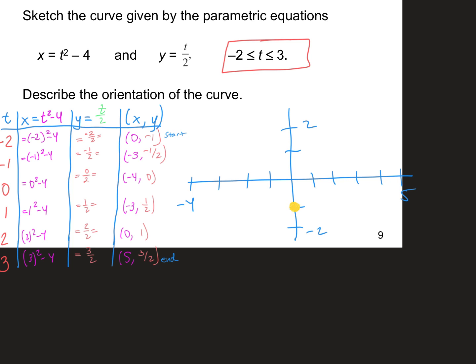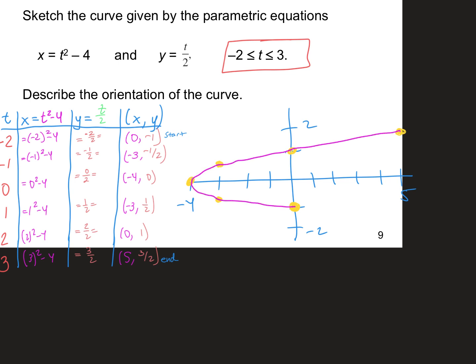Where's my next point? -3, -1/2, okay. -4, 0. -3 and 1/2. 0, 1. 5 and 3/2. All right. And then we just connect in a nice smooth curve.